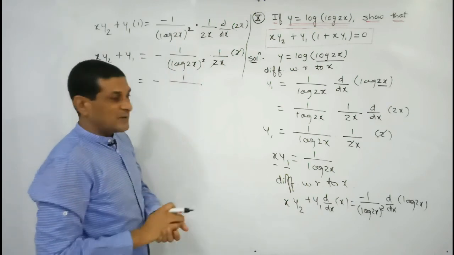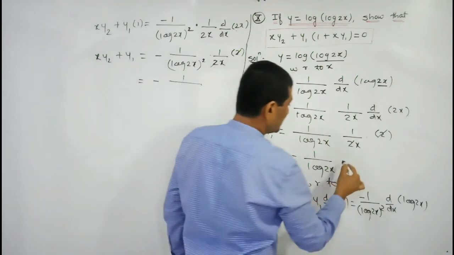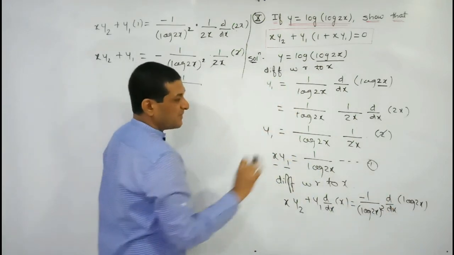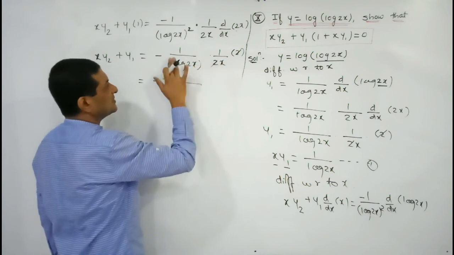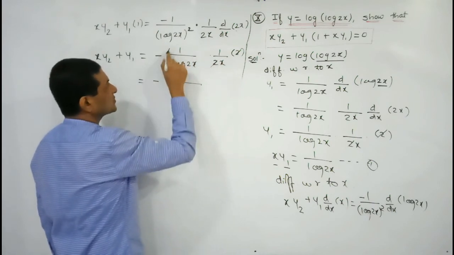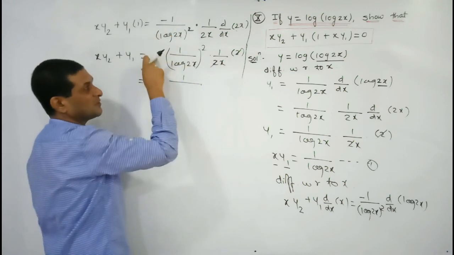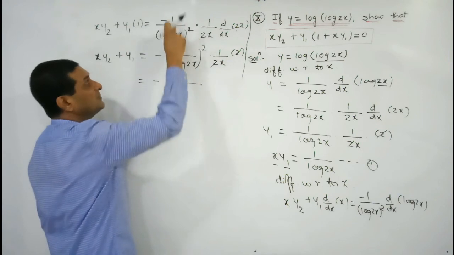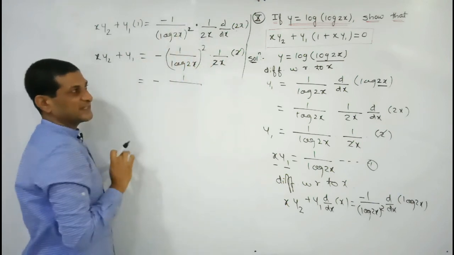So that's why we are replacing this term, and for that purpose I am using this equation, let us denote it by equation number first. So better way, write this term as the square of 1 upon log 2x. Minus we have already taken on one side, the square of 1 is 1, and the square of log 2x remains in the denominator.